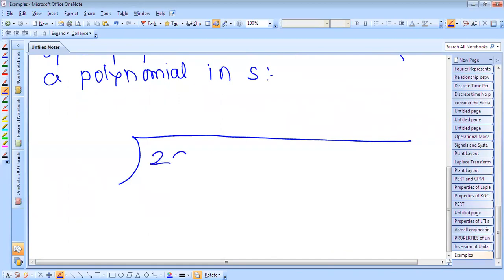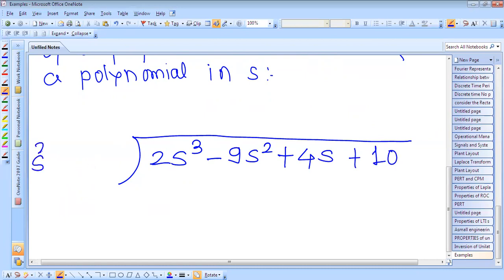So 2s cubed minus 9s squared plus 4s plus 10, divided by s squared minus 3s minus 4.